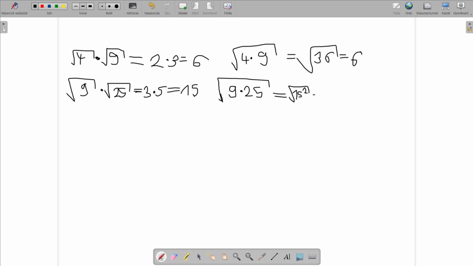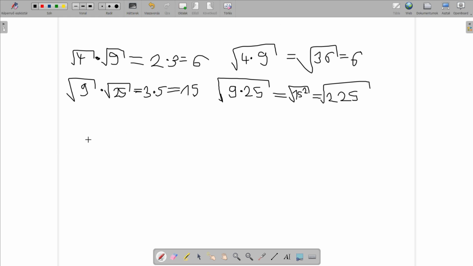And by the way, 15 squared is indeed 225, just like 9 times 25. If you would pop it into a calculator, you will get the same answers as well.